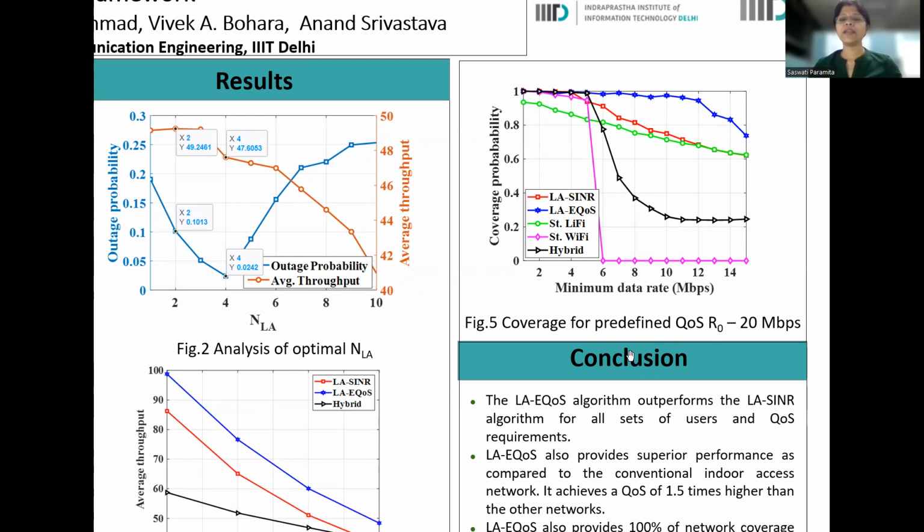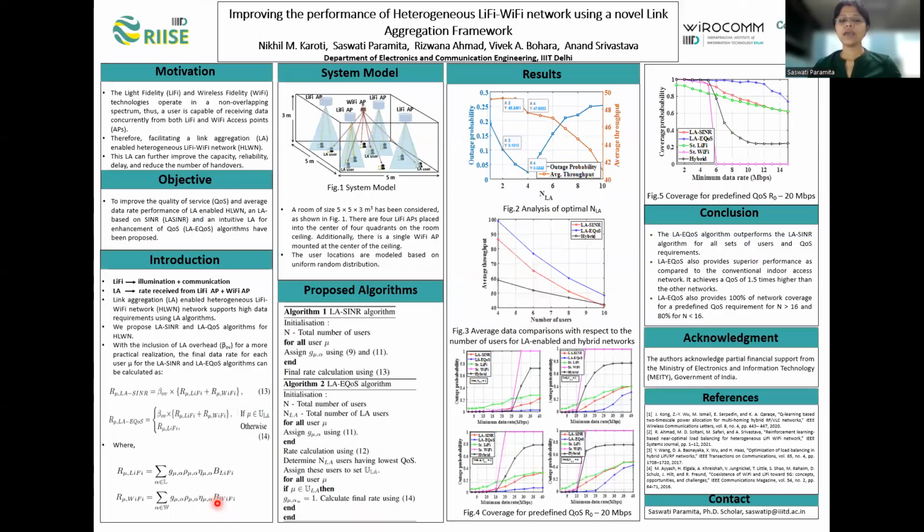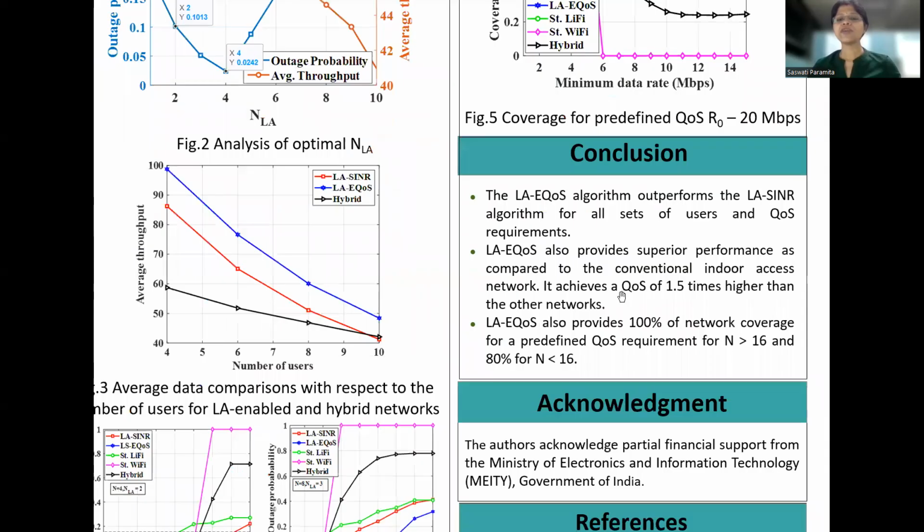This is for the predefined quality of service requirement of 20 Mbps. Finally, we conclude that our LA-EQoS algorithm is performing better than the conventional networks and the LA-SINR based heterogeneous LiFi-WiFi network. We also find that our LA-EQoS enabled heterogeneous LiFi-WiFi network provides quality of service 1.5 times higher than the other networks.